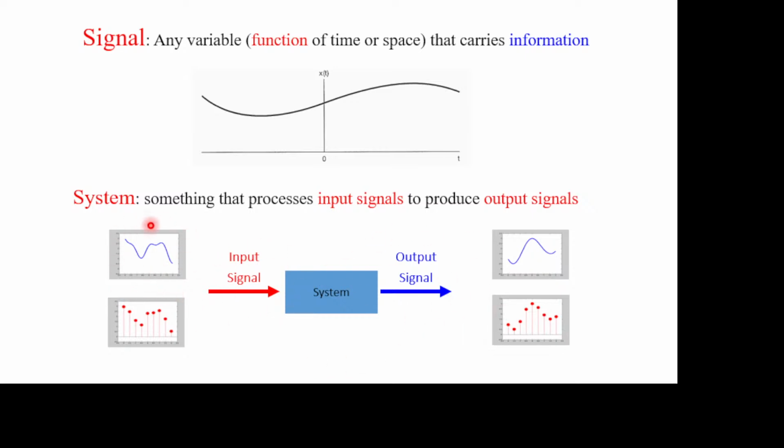That is, we will map the input signal to something in the same form. Like you can see, we have an input continuous function, then we will map to a continuous output function. And a discrete input function will map to a discrete output function in this course. Okay? This is really important. You need to remember what are signals and systems.